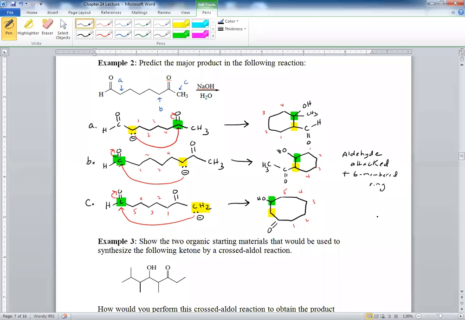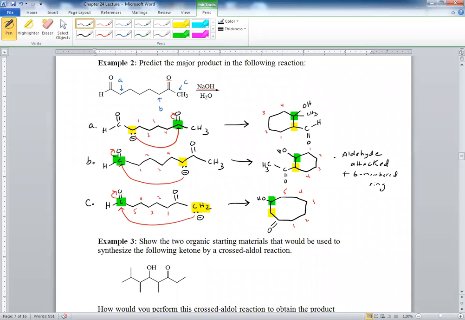Whereas in the first one here, what was attacked? A ketone was attacked. So what happened here is you have a ketone being attacked, and remember, ketones are not favored at equilibrium being attacked because they're more sterically hindered. So here's a ketone being attacked versus an aldehyde being attacked.